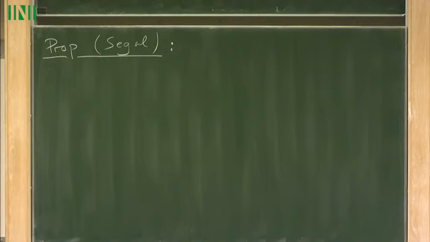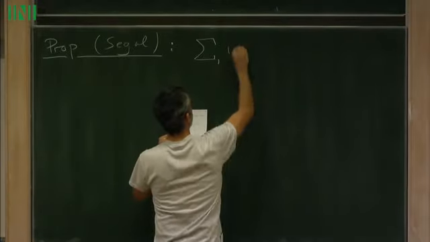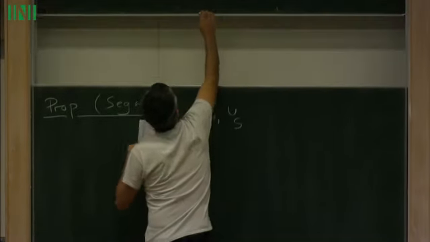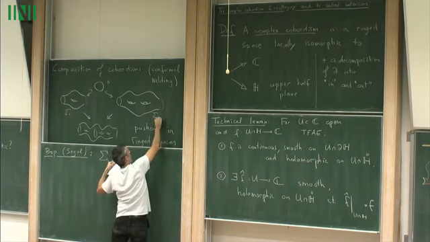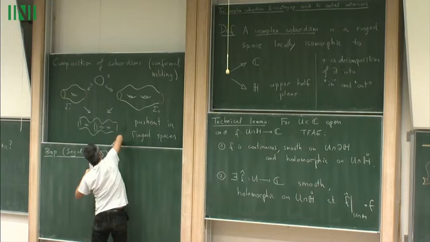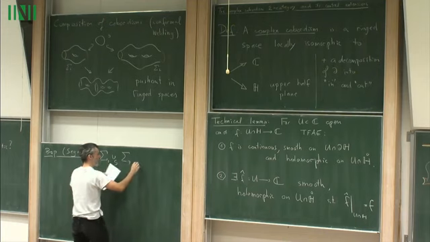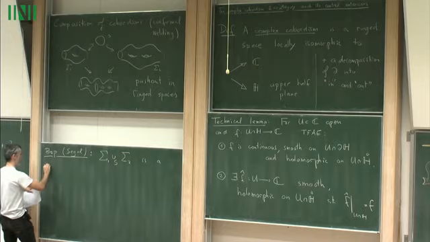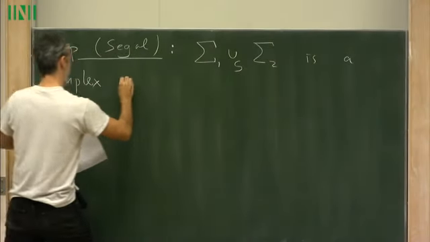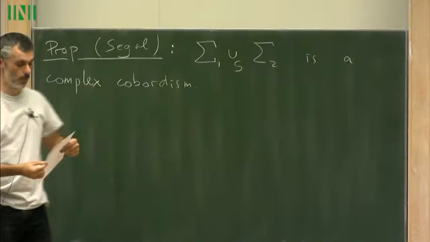Just look for conformal welding, which says that if, let's say this is sigma 1 and this is sigma 2, it says that this is a complex cobordism, as defined there.